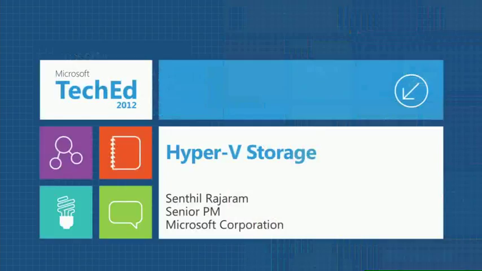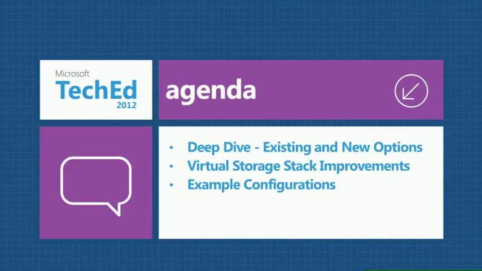So, going through how this particular talk is going to flow, we're going to deep dive into some existing and new configurations that are available for Hyper-V storage. Then we will dive into some virtual core storage stack improvements that layer on top of these storage configurations.